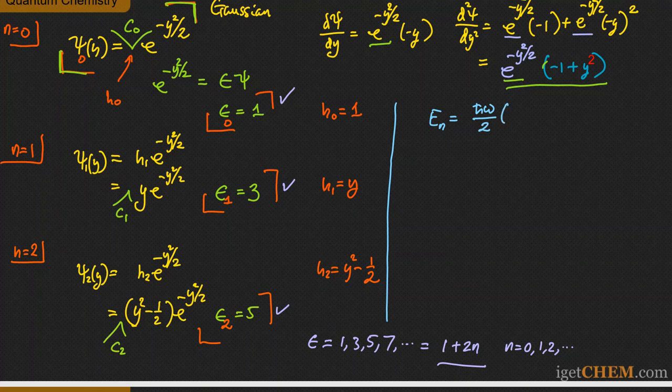But epsilon is 2n plus 1. So these are the eigenenergies of the different wave functions for the harmonic oscillator.